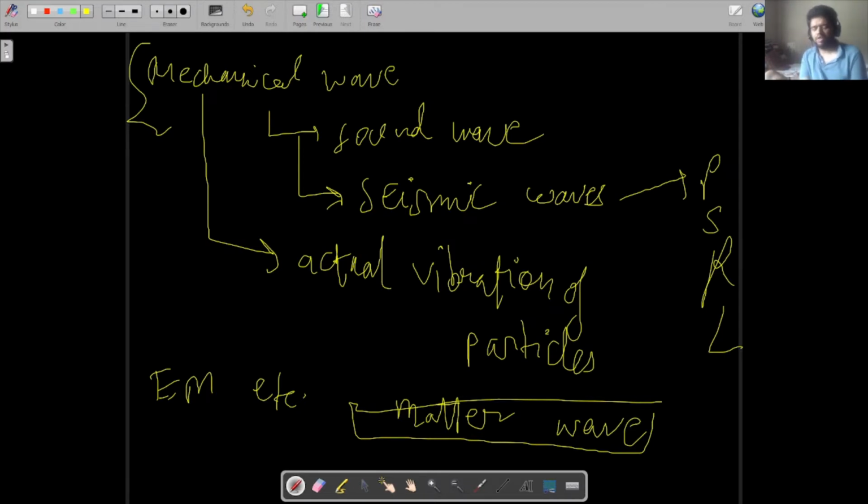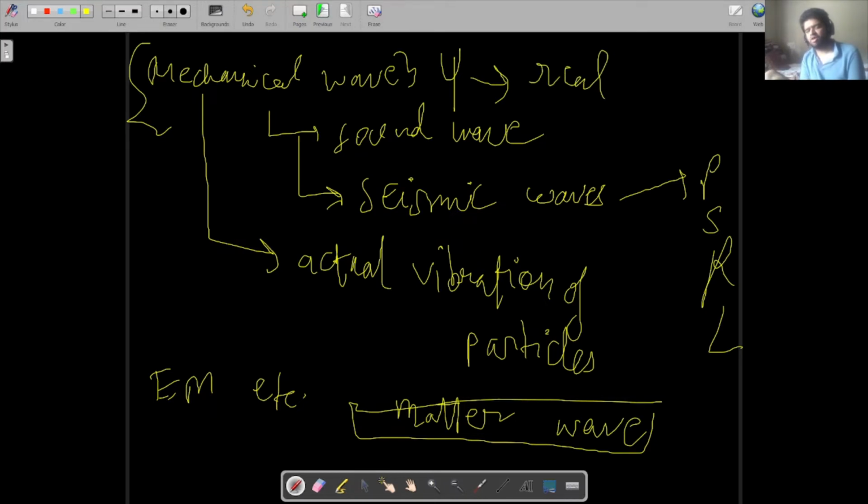Now every wave has a wave function. Mechanical waves also have a wave function. But the wave functions of mechanical waves such as sound wave and seismic wave, in which actual vibration of particles is taking place, are always real.